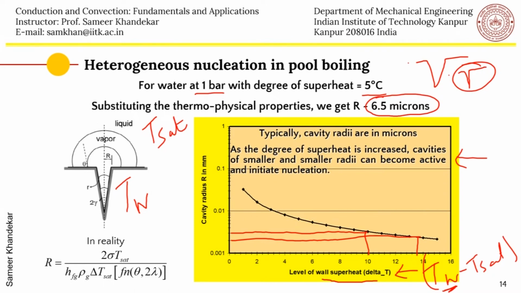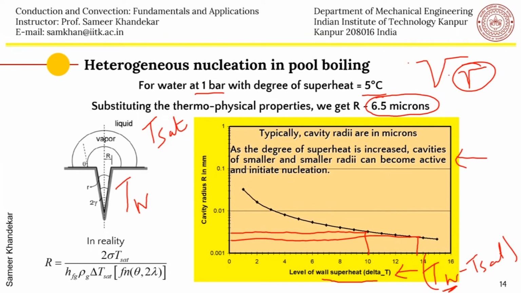So if you take a smooth glass surface with actually no roughness, then it is very difficult to have heterogeneous nucleation, or the degree of superheat which will be required will be very high. So if you take a smooth glass surface, you may have to put the temperature at 115, 120 degrees, then only some bubbles will be formed. But if you take a rough surface, then even at 103, 104 degrees centigrade of the wall temperature, boiling will start.